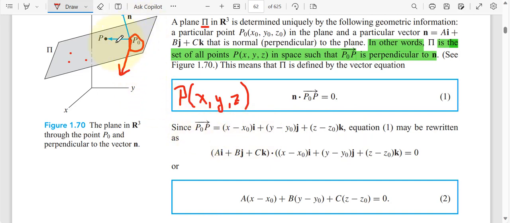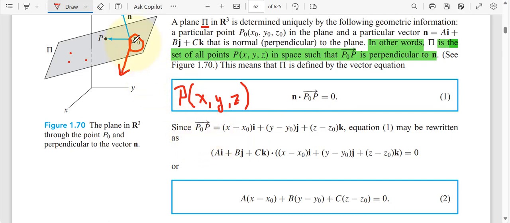So the vector going from P0 to P is, and we've seen this before, this coordinate minus the corresponding P0 coordinate, that is x minus x0, y minus the y coordinate of P0, which is y minus y0, and z minus the corresponding z coordinate of P0, which is z minus z0, times i, j, and k.